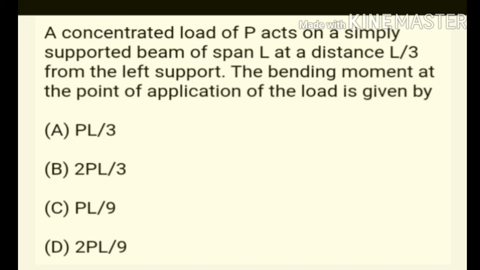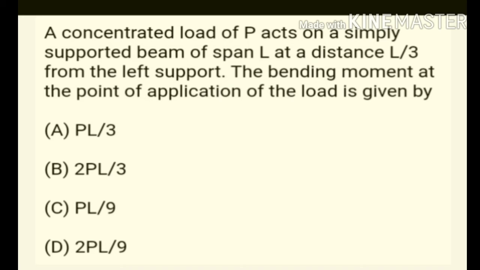So what is the bending moment? How do we calculate the bending moment? Bending moment is nothing but force into perpendicular distance. For this the options are given: A, PL by 3; B, 2PL by 3; C, PL by 9; and D, 2PL by 9.